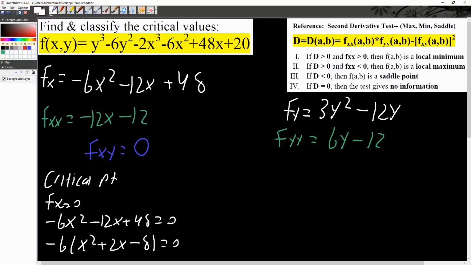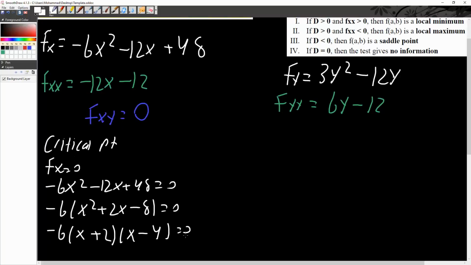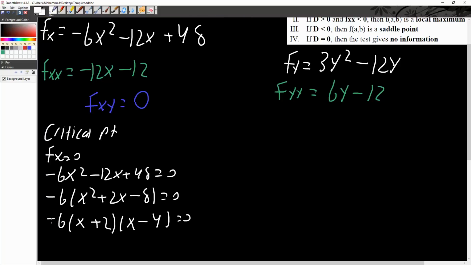And then we can factor. So we can say negative 6 parentheses x, so we have negative 4 plus 2. And so our critical values in terms of x would be x is equal to negative 4 and x is equal to 2.